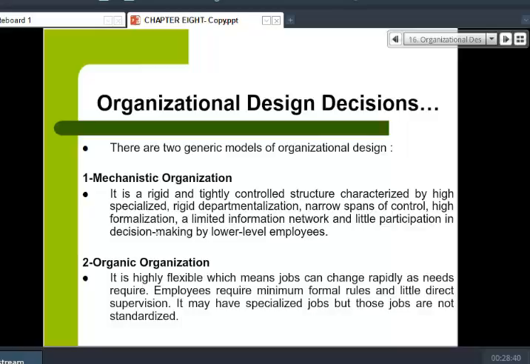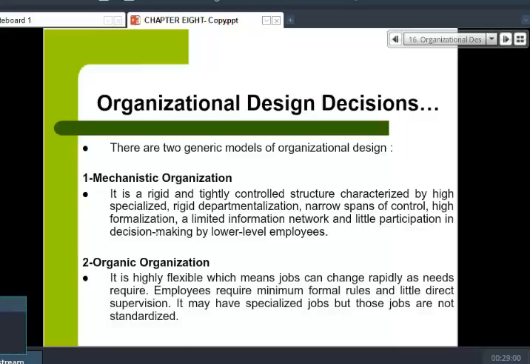What is the organic organization? It is highly flexible. So you need to memorize each of the organization types, whether it's mechanistic or organic. You need to memorize each feature.